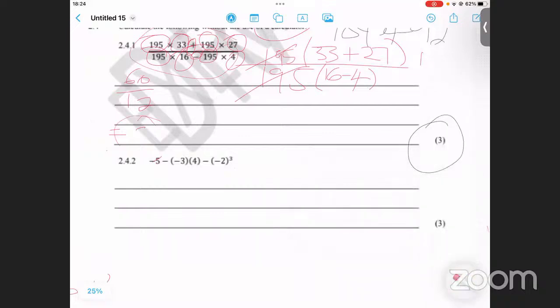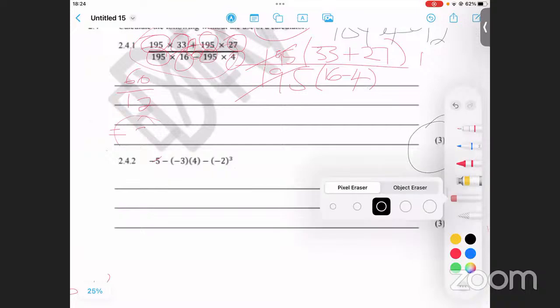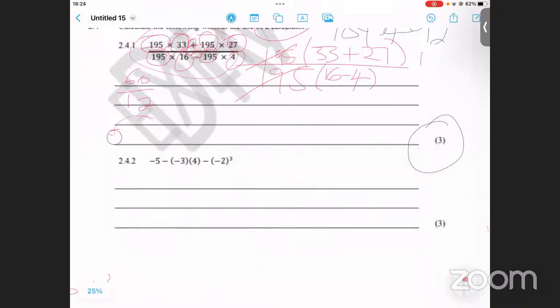Can you elaborate on that? Ma'am, I think you basically take the same things, for example, -5 and -2 cubed, and you put them together, and then you also put -3, which is in brackets, and the 4 together.